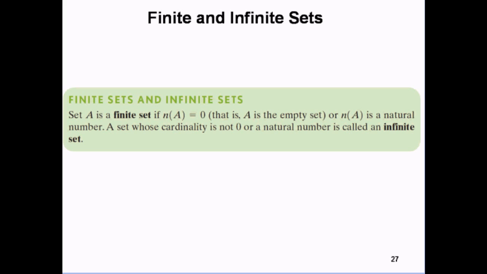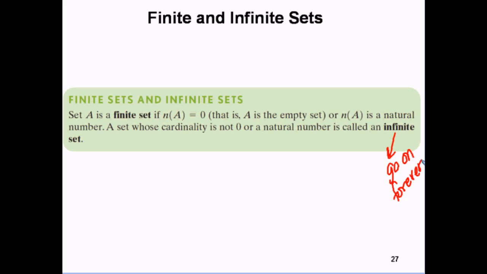Now, if you talk about cardinality that's not 0 or some set number, you're talking about an infinite set. And infinite sets, they go on forever. Okay, the set of natural numbers is an infinite set. We talk about counting.